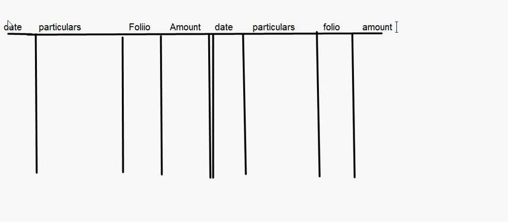In the folio column, we give the reference number, the page number where this particular entry has been entered, that is either from the journal or from the cash book or from the purchases book. We'll be looking at cash book, purchases book and all later on. Whatever is the page number where you have put that journal entry, that reference you have to give here. And this, all of you know, is the date.